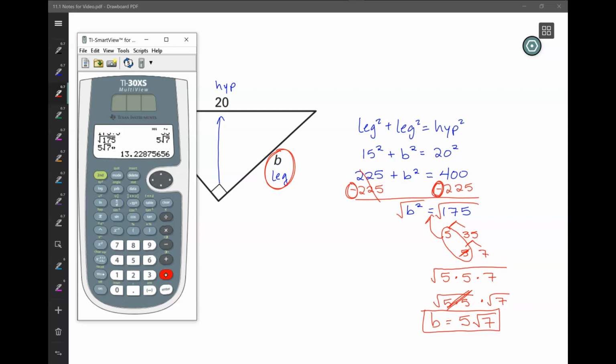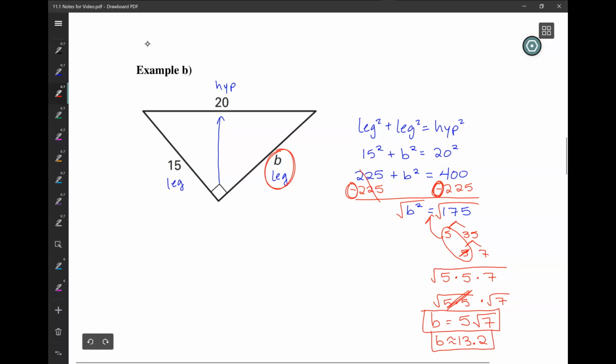And a decimal would be about 13.2. So 20 is the hypotenuse, the longest side there, so it looks good.